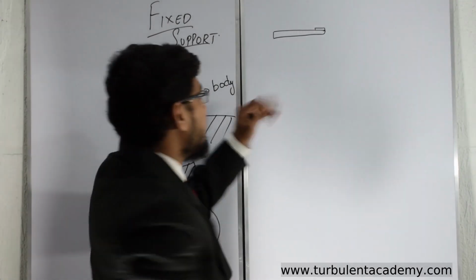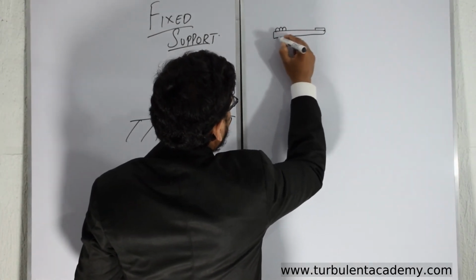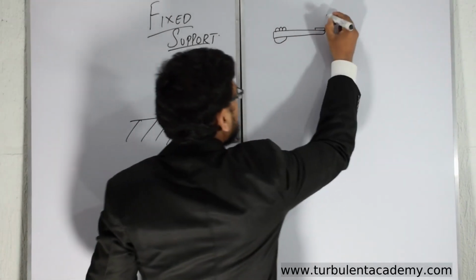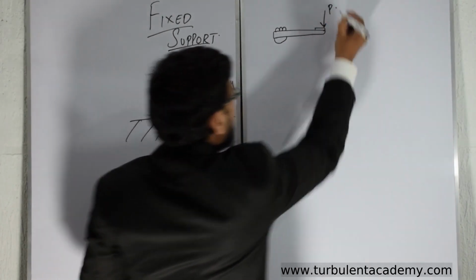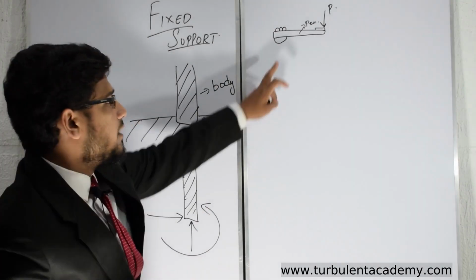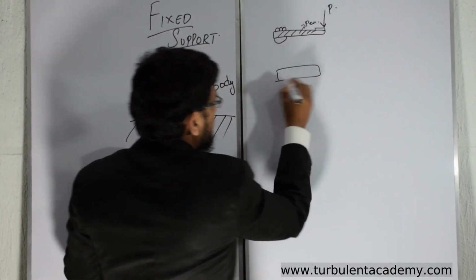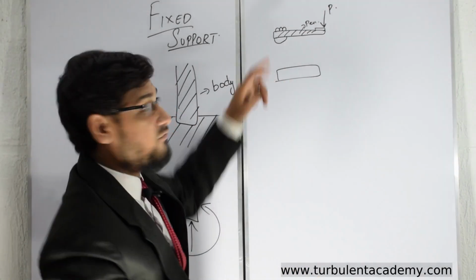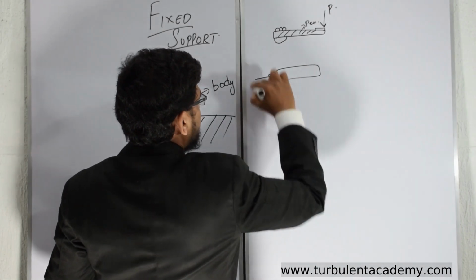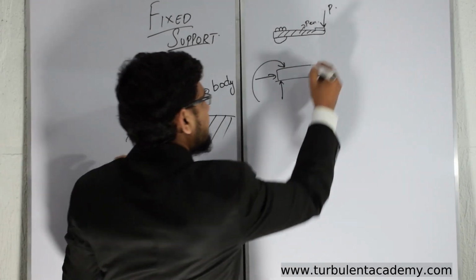I am holding it with my hand, and I have a point load P. So what is the reaction we have for fixed support? Vertical, horizontal and moment, and we have one more, the point load P.